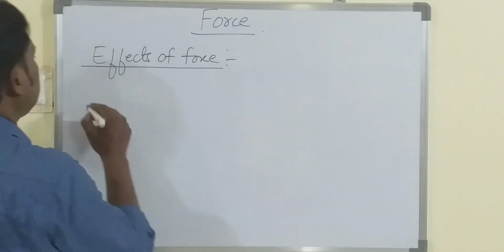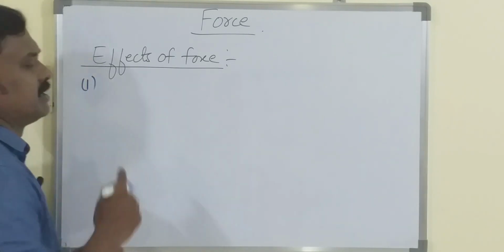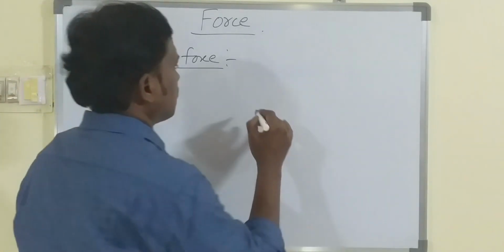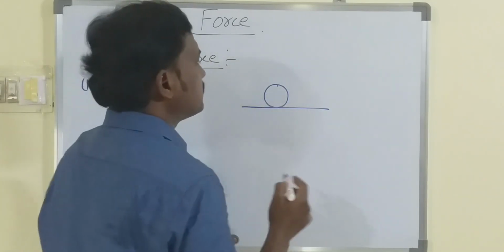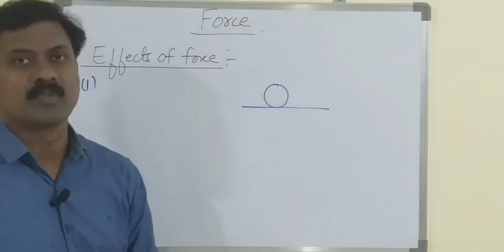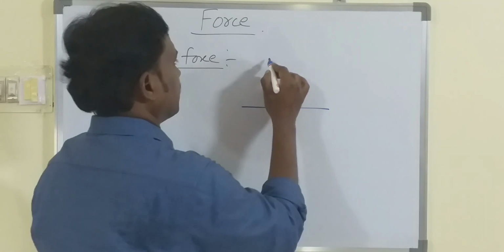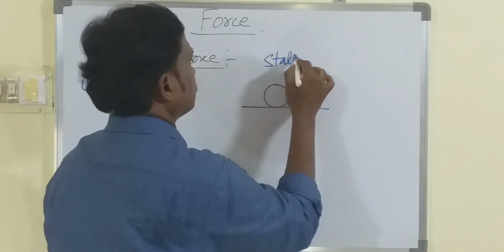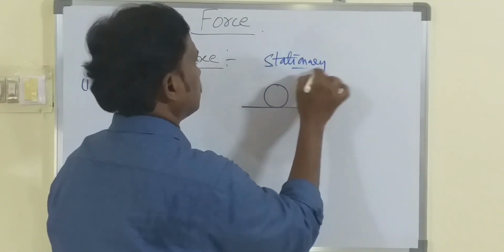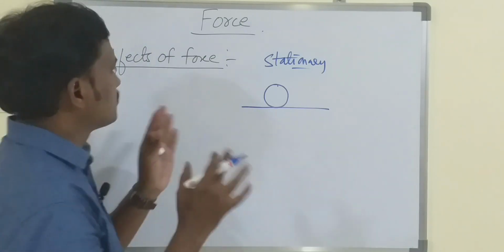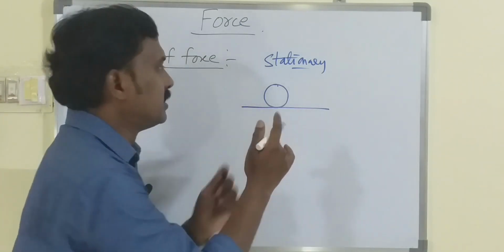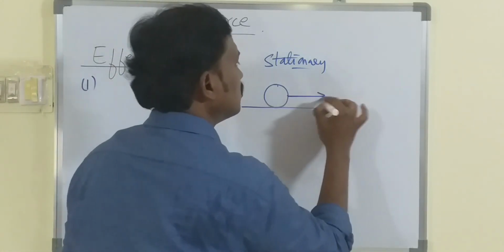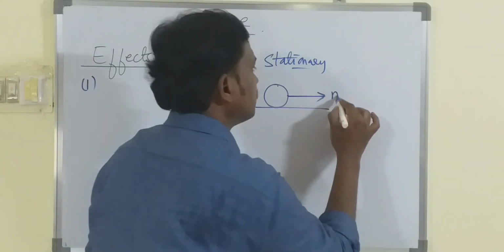Okay. So first of all, let me take an example here. Suppose we have a football on the ground and it is stationary. Now suppose any player comes and applies a force on it, then the ball starts moving.